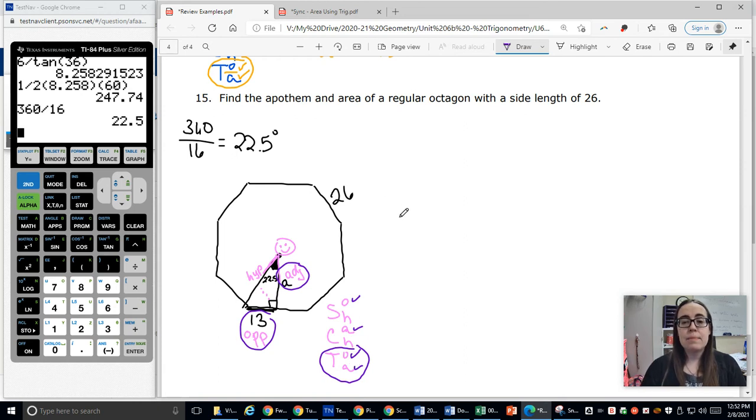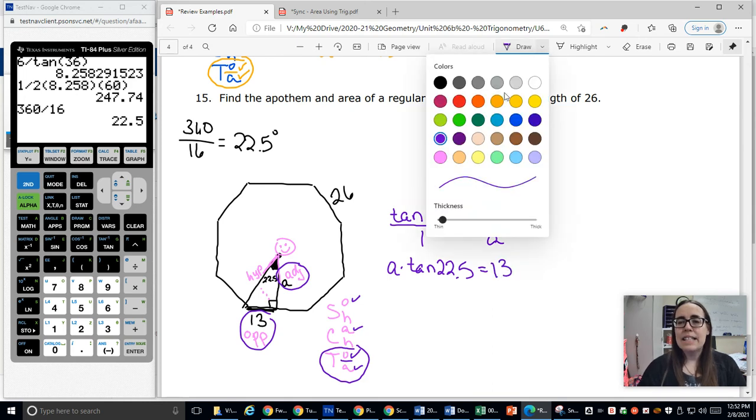Just like in the last one, I'm going to be using tangent again. So the tangent this time of 22.5 degrees, because we have a different number of sides that we started with, equals my opposite on the top, opposite over adjacent. So 13 over my apothem, which is the adjacent side. Since it's in the denominator, I expect to be dividing. A times the tangent of 22.5 is equal to 13 times 1.